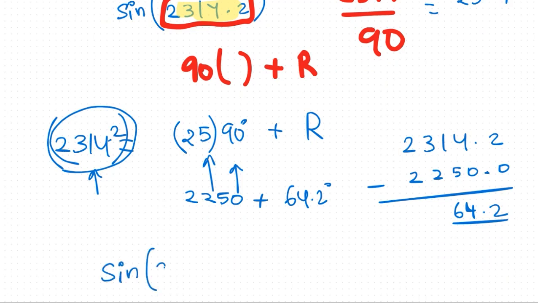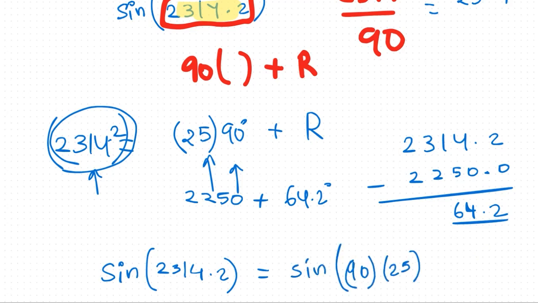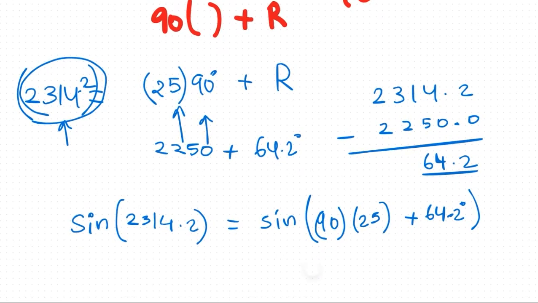So sine of 2314.2 means sine of 90 times 25, which is odd, correct, plus 64.2. So can you tell me the answer directly now? First things first, in what quadrant is it?